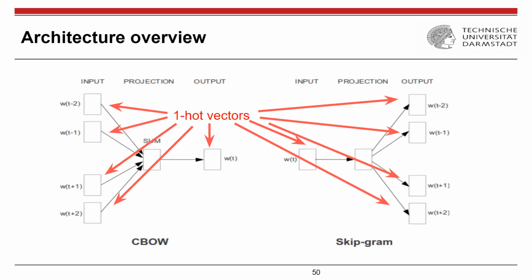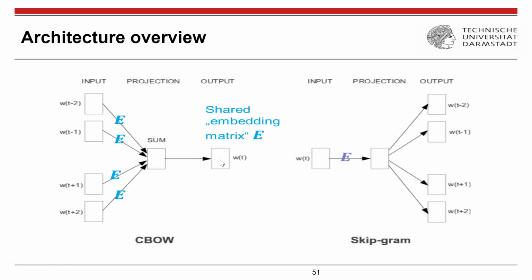As I have explained, you have the one-hot vectors, you pass them through the encoder, do the sum, and then predict the output or the target words. The interesting thing is that this encoder, the neural network which takes a word as input and converts it into a representation, has weights that are shared by all these words that you feed in as one-hot vectors.